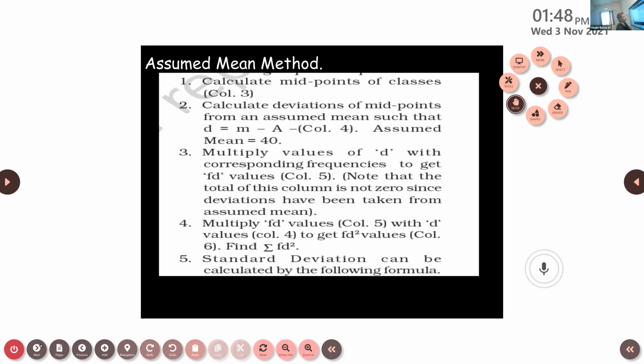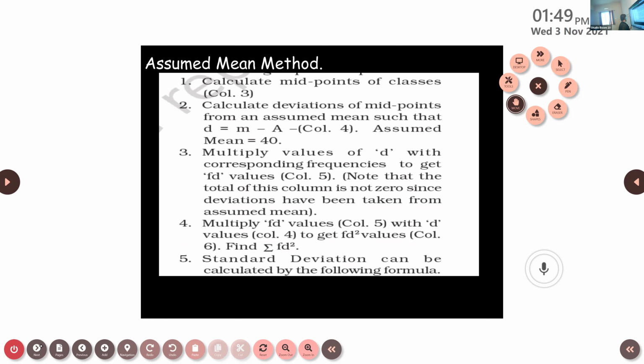So first calculate the midpoints of the classes, then assume one mean from the mid values. Then mid value minus A, the assumed mean, you will be getting the answers for that. Then the same procedure: how to find D, how to find FD, how to find FD square.